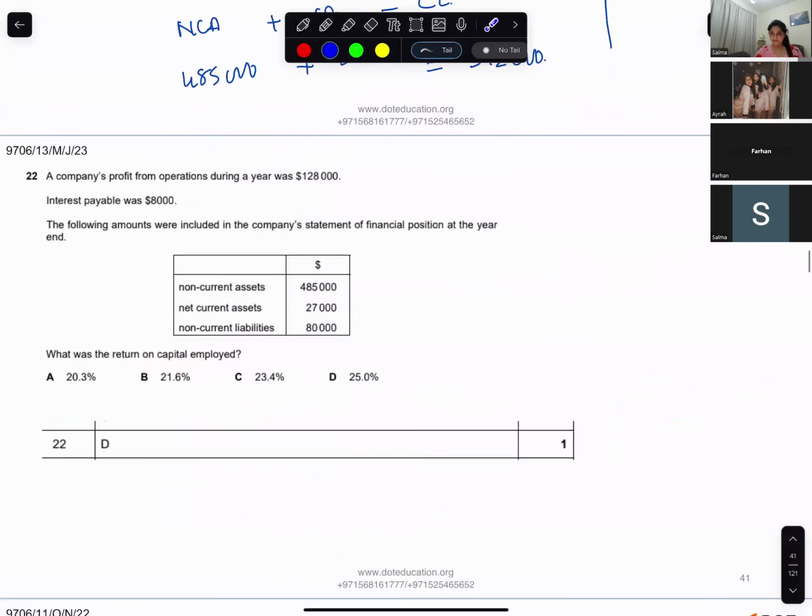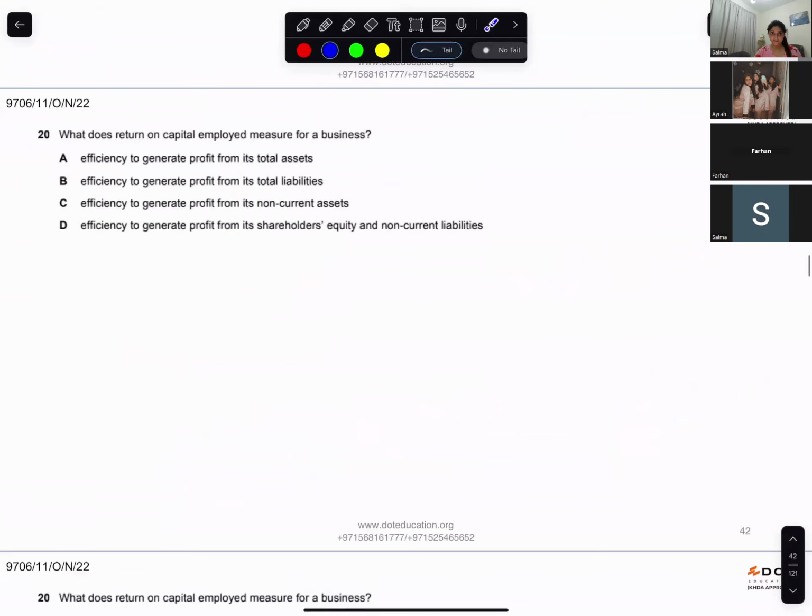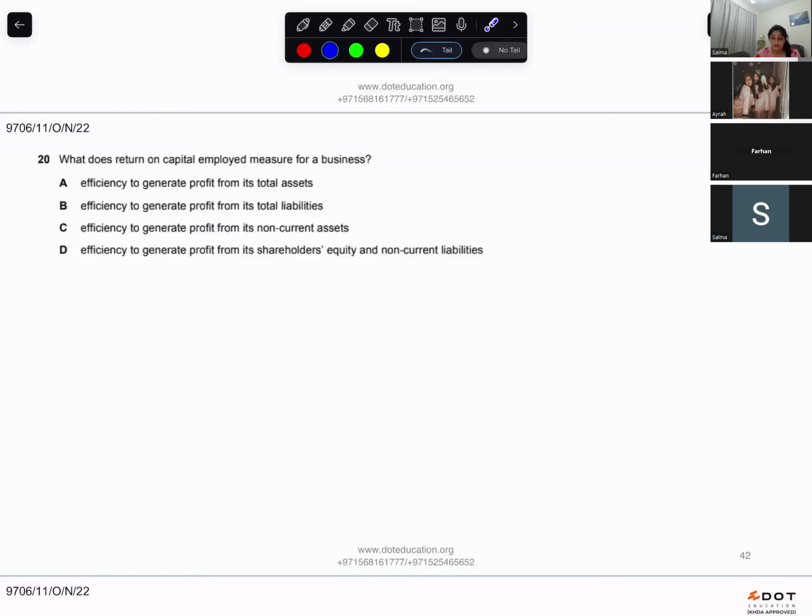Now take 5 minutes and try 5 sums. Read the question. What does return on capital employed measure for a business? Return on capital employed gives the efficiency of the business to generate profits by using own funds and outsiders' funds.